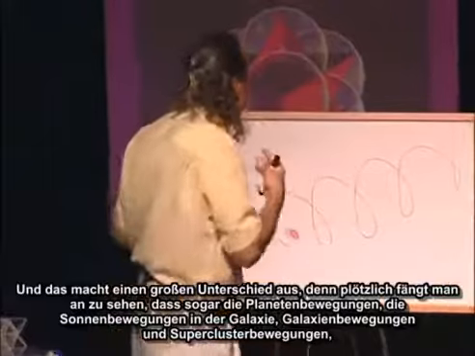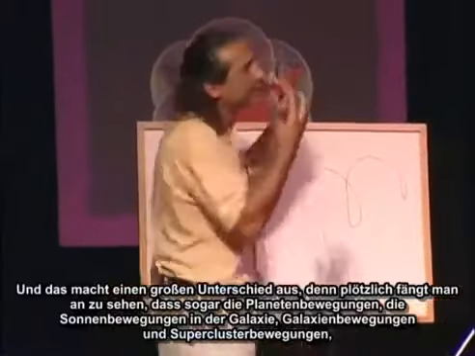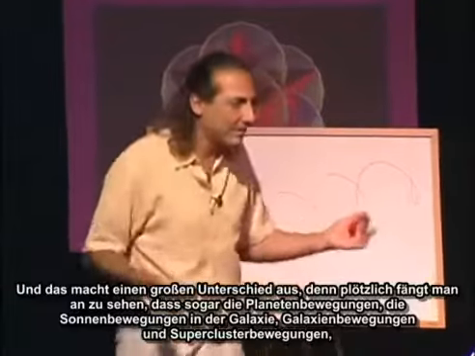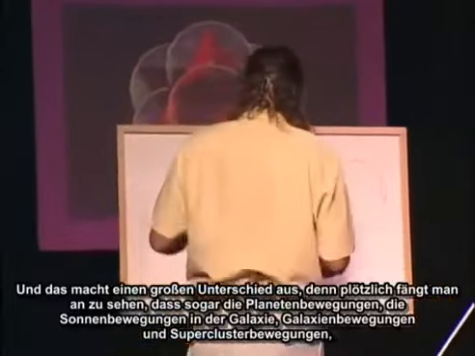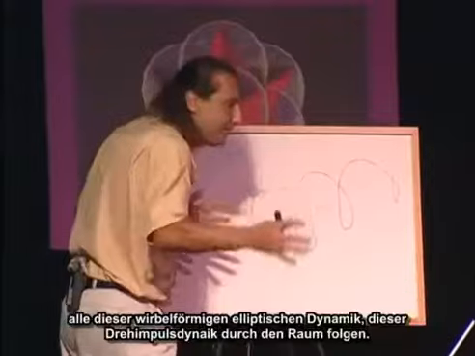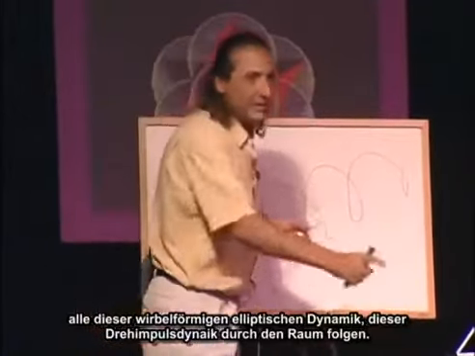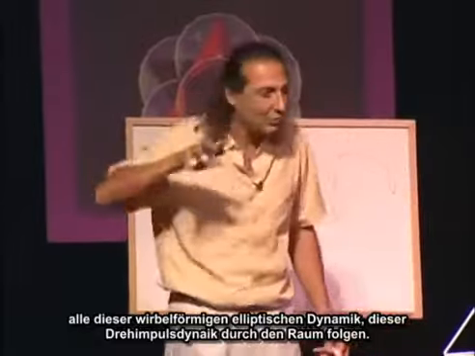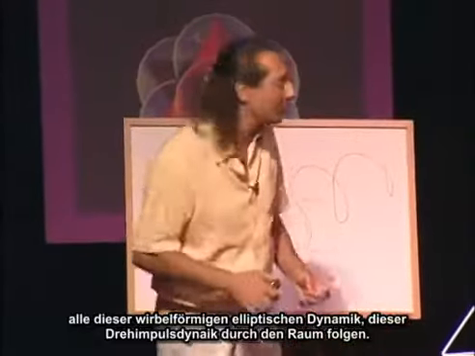All of a sudden, you start to see that even planetary motions, solar motions around the galaxy, galactic motion, supercluster motions, and so on, all have this elliptical, vortical dynamics of space. They all have this torque dynamic through space.